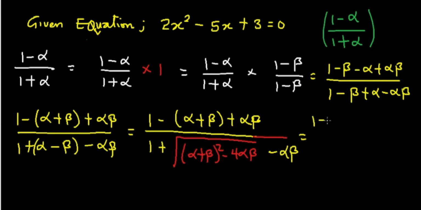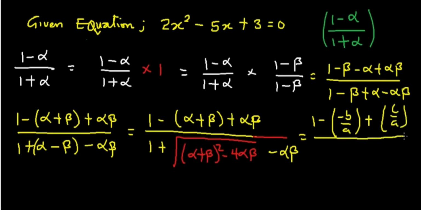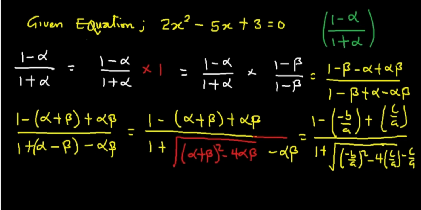So let's fix it in one after the other. 1 minus, into the bracket, minus b over a is for alpha plus beta, right? Plus c over a, isn't it? Over 1 plus the root of minus b over a squared minus 4 c over a, then minus c over a, right? Properly represented.